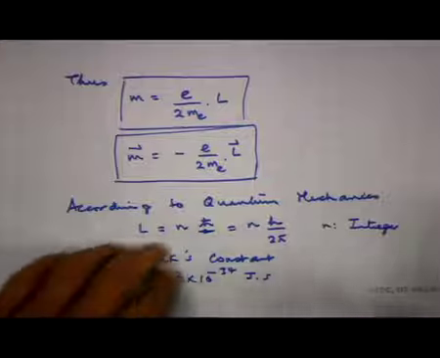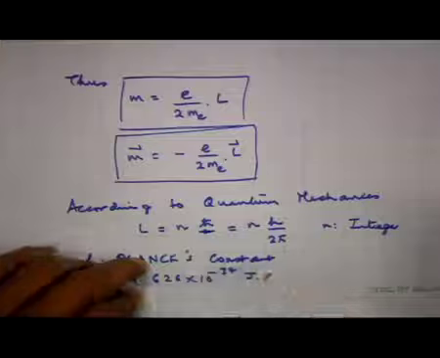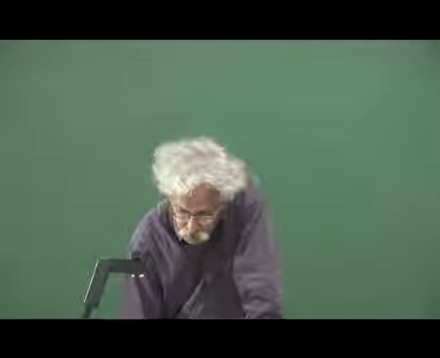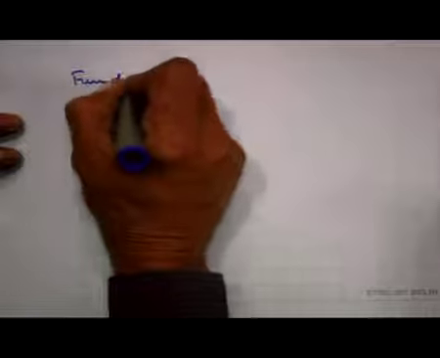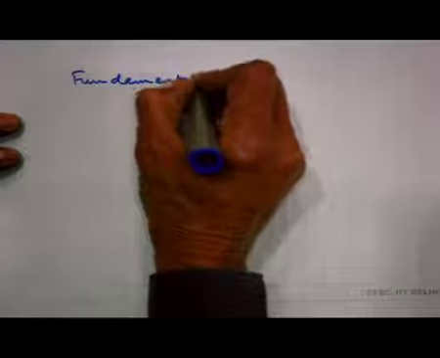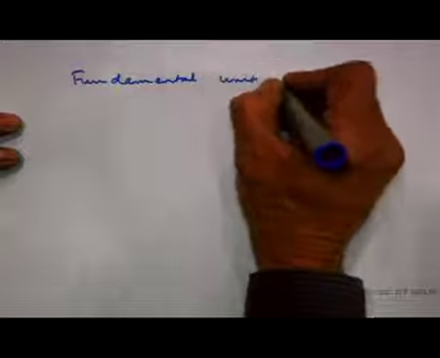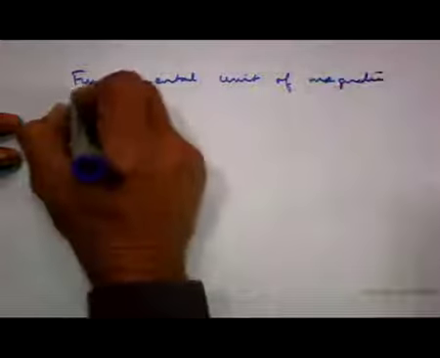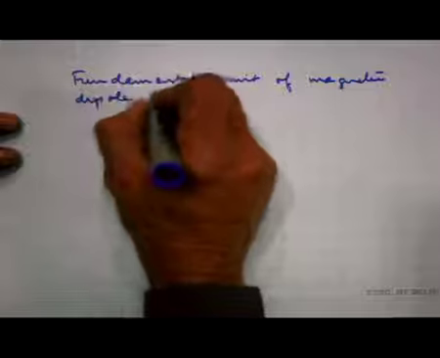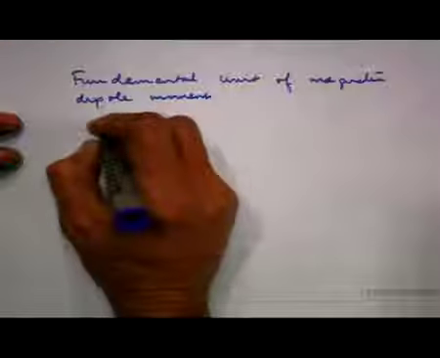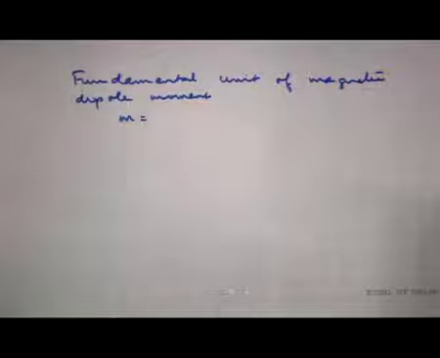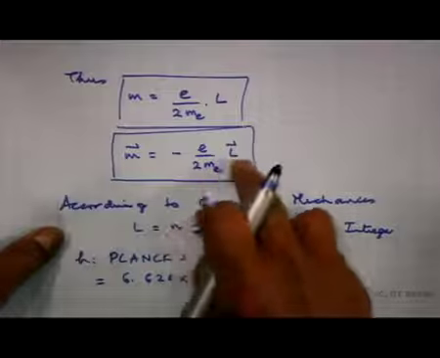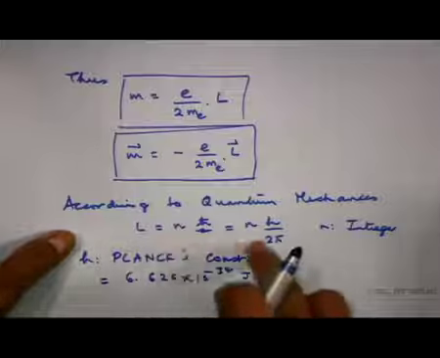And so, I also find now here that if L has to be of this form, I can write down the smallest value of magnetic dipole moment. So, the fundamental unit of magnetic dipole moment m is equal to, so I had e by 2 m e into L, the smallest value of L is h by 2 pi.